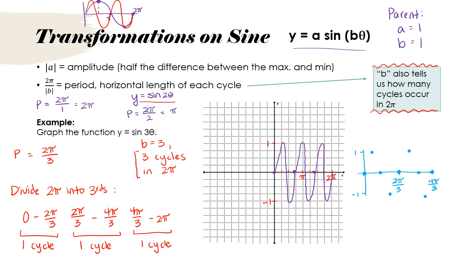So I might just then fill out as best I can my lovely sine curve and just go with those key points. Again, the x-intercepts, the max, and the min values.